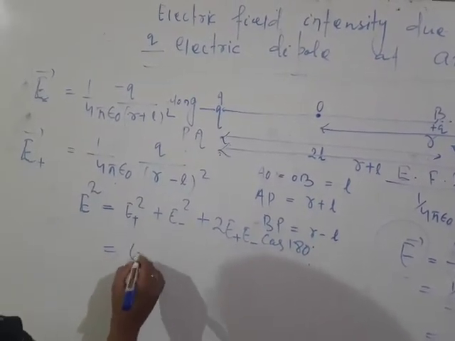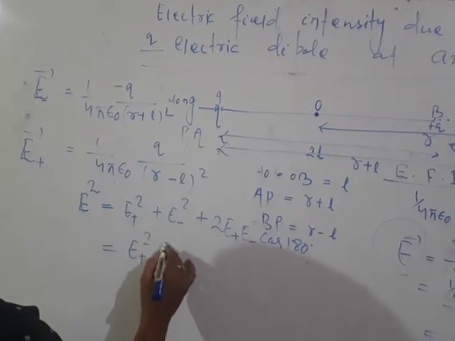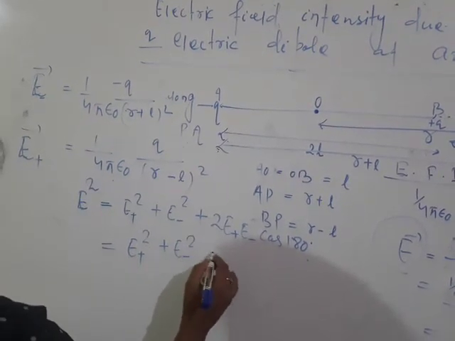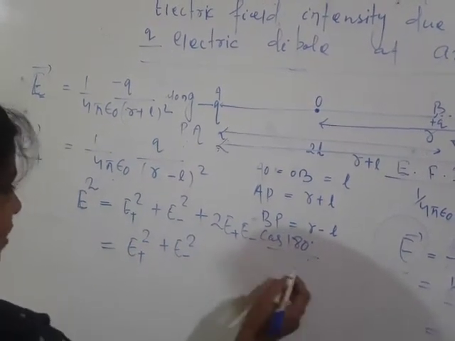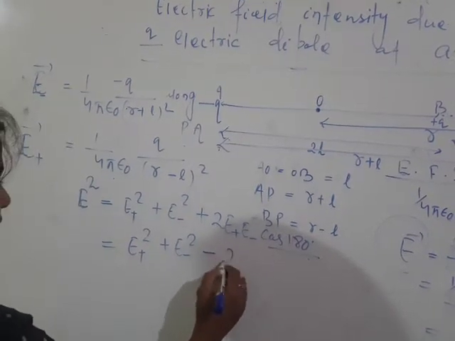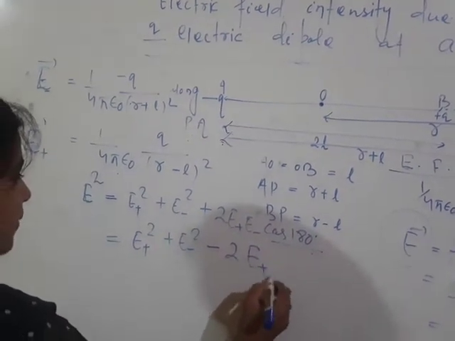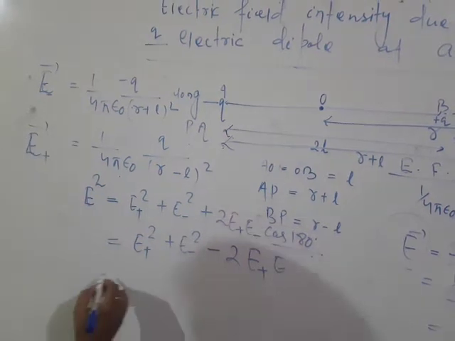So it will become E plus square plus E minus square, cos 180 is minus 1, you know. So minus 2 E plus E minus.